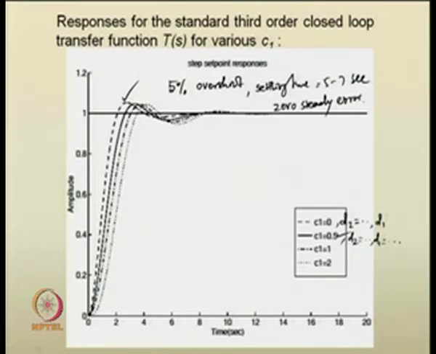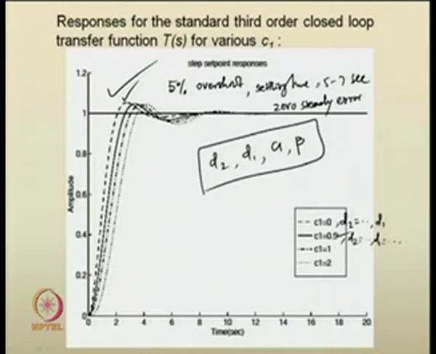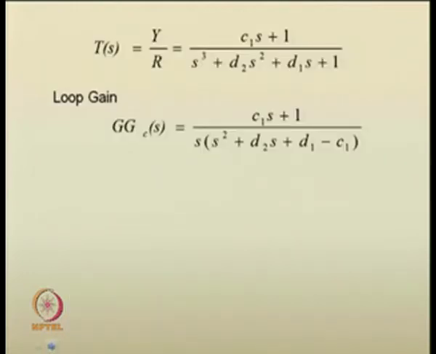So, the standard transfer functions are giving us quite satisfactory time responses of the closed loop system. Then from the back calculation, we can find out the parameters of a controller using the expressions for D2, D1, C1 and expressions for beta.